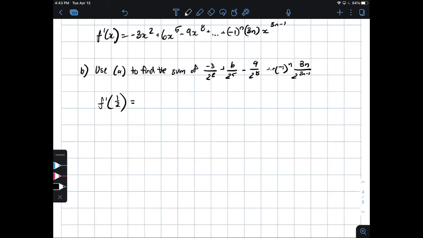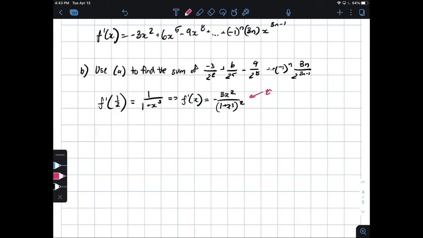So this sum is going to be, we remember that f of x is equal to 1 over 1 plus x cubed. Therefore, f prime of x is equal to negative 3x squared over 1 plus x cubed squared. And that is our quotient rule.